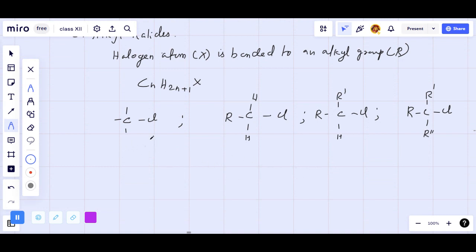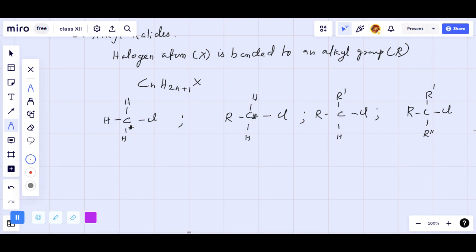In the first compound, the carbon to which the halogen is attached, we'll call this the star carbon, or alpha carbon. This star carbon is attached to no other carbon.